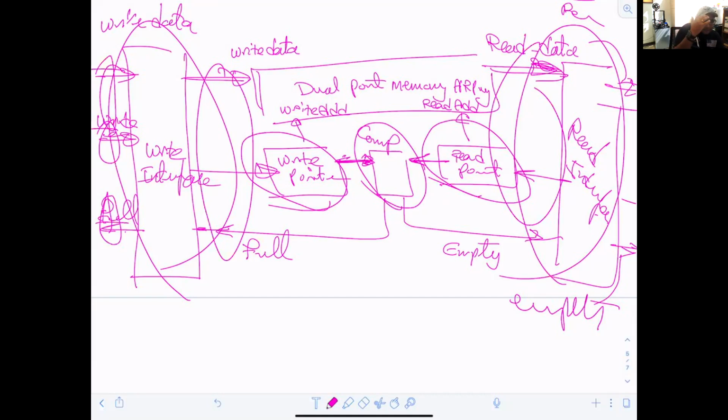Imagine the first scenario: you start incrementing the one that is writing, and you reach the maximum of it. When you reach the maximum, what will happen? You cannot extend more, so the full flag will be high. But when you are pulling, you're decrementing the push. Does it make sense?